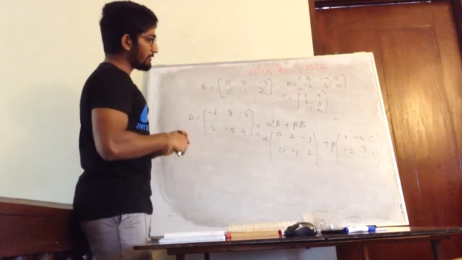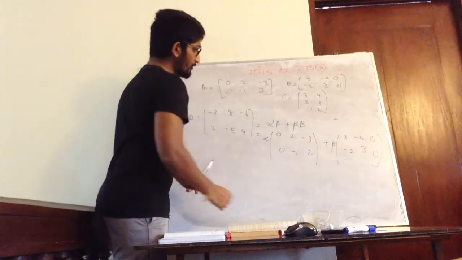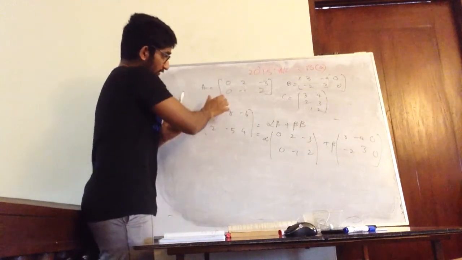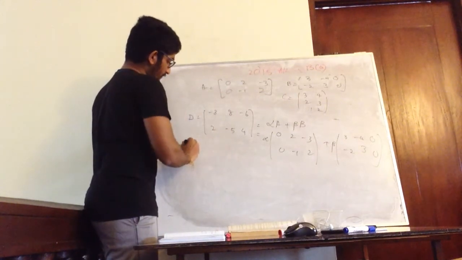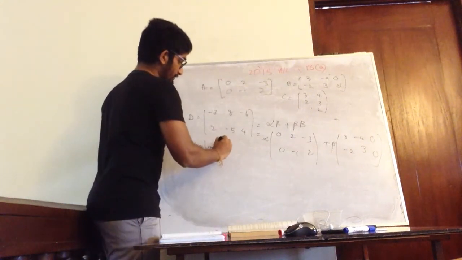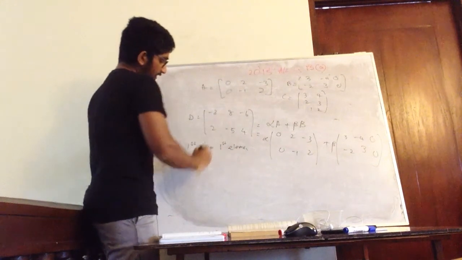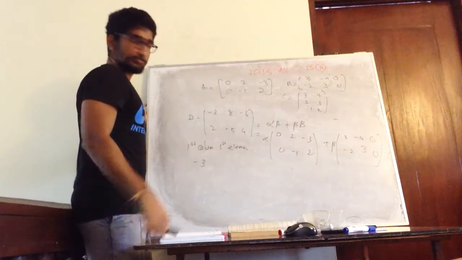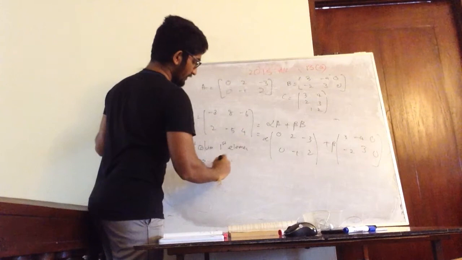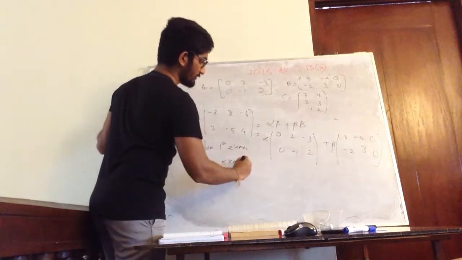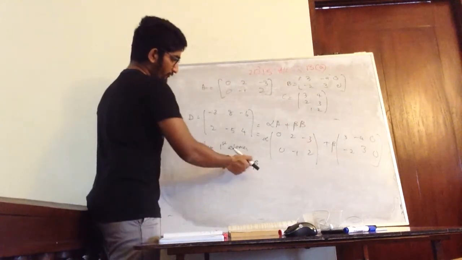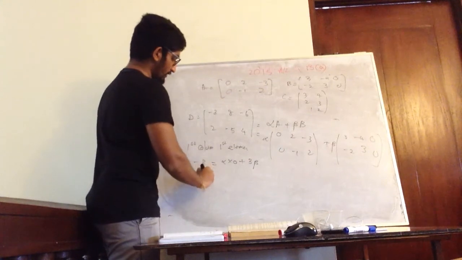So now what I'm going to do is compare the first column, the first element, that is minus 3. That should be equal to alpha into 0 plus 3 into beta. Agreed? Then we can find beta: beta is going to be minus 1.